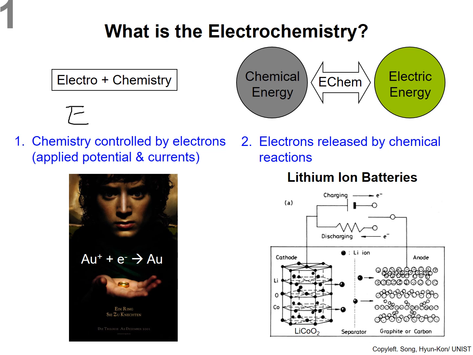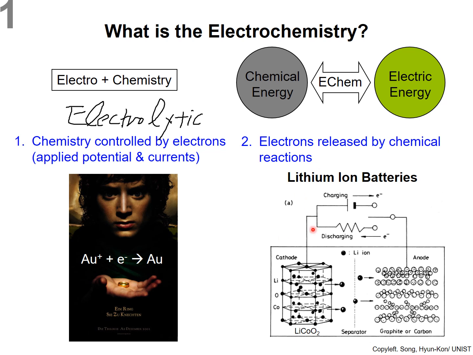Electrolytic cell. Let's go to the second definition of electrochemistry. Electrons released by chemical reactions. For example, we could get some electricity from lithium-ion batteries during the discharge process.